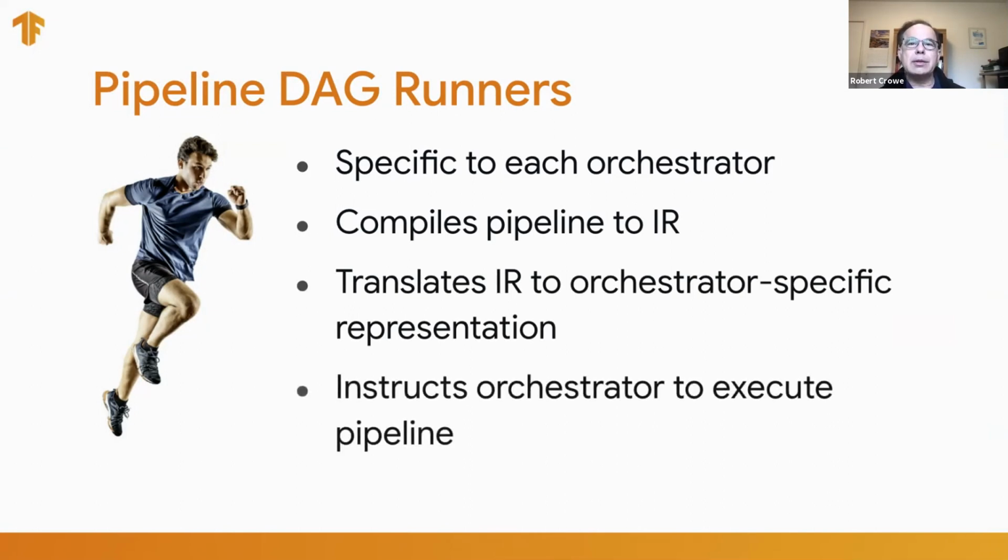And then they're going to instruct the orchestrator to execute the pipeline. Usually this is what happens, although you can actually separate the compilation from triggering the execution. But typically you don't. Typically this is the flow.